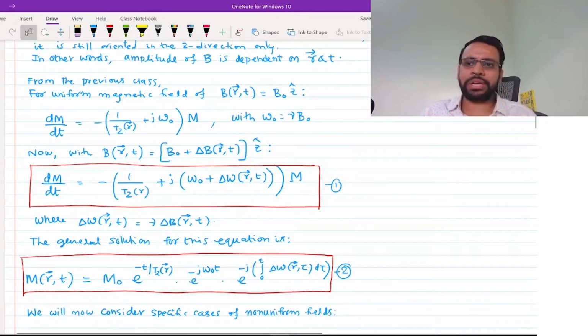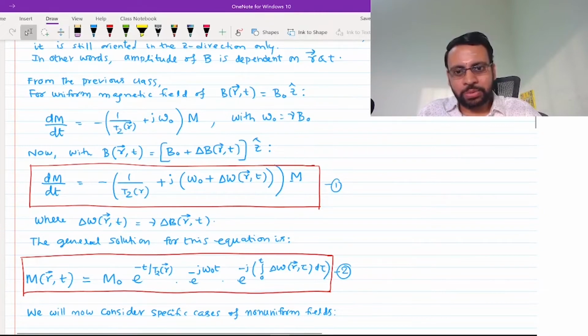What do you think would happen now because of this? Earlier it is rotating at a frequency of omega naught, right? When it is just B naught into Z cap, gamma times B naught is what you had; that's the frequency with which it is rotating. Now it will be rotating with, in addition, a component of delta omega of R bar comma t, which is gamma times delta B of R bar comma t. Gamma times B naught is this omega naught that you had earlier.